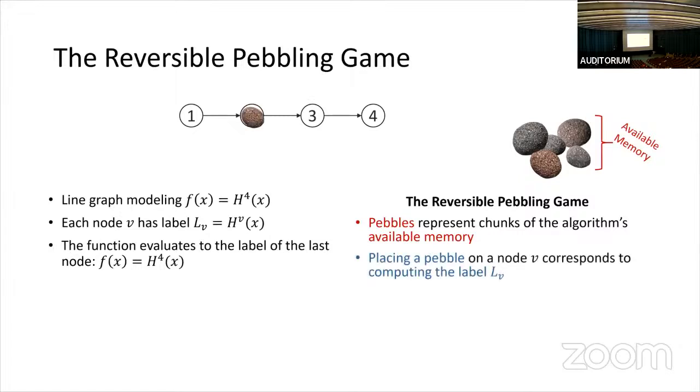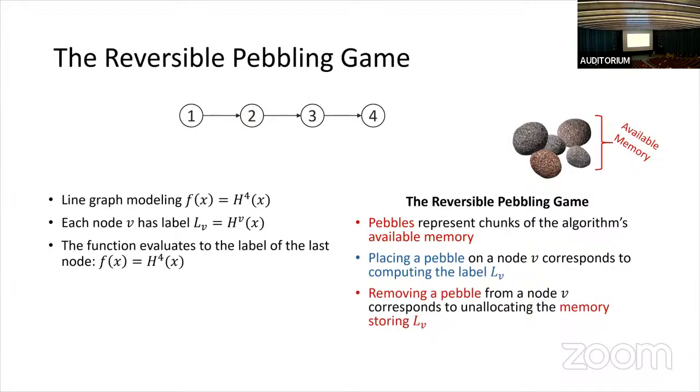In this way, placing a pebble on a node corresponds to computing the label and storing it. Removing a pebble corresponds to unallocating that memory, so I can use it elsewhere. And in our parallel version of the game, the only difference is that you can place and remove many pebbles at once.